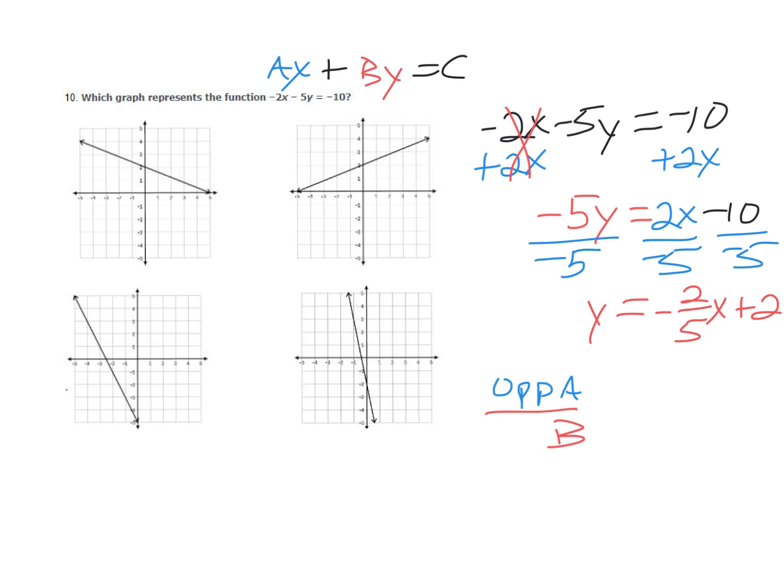So the opposite of the A, the opposite of a -2 would be +2, and divided by B, which is -5. So you know that we have to have a slope of -2/5. The only one with a slope of -2/5 is this first one, down to the right 5. So again, that is the correct answer. But if you can convert it to y equals mx plus b, you are sure to get the right answer as well.